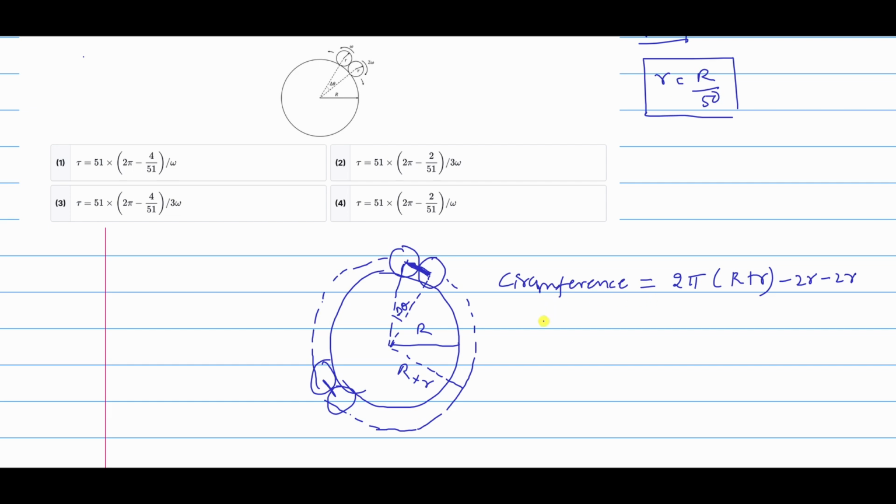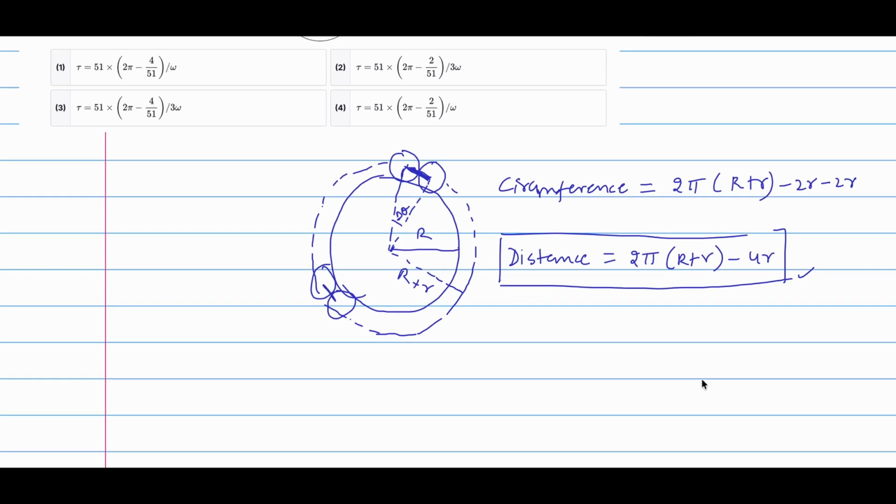So the distance traveled will be equal to the circumference, 2 pi (R plus r), minus 4r.